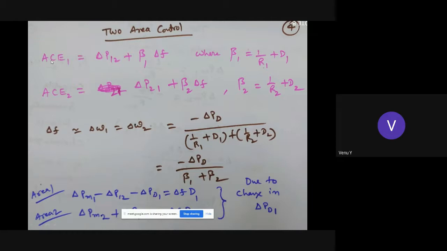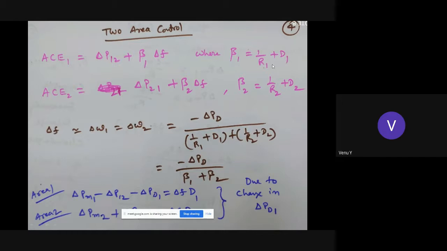So ACE, the area control error, must contribute towards the tie line power: ACE1 equals delta P12 plus beta 1 into delta F, where beta 1, as you have already derived in the previous classes, is equal to 1 by R1 plus D1, or B1.